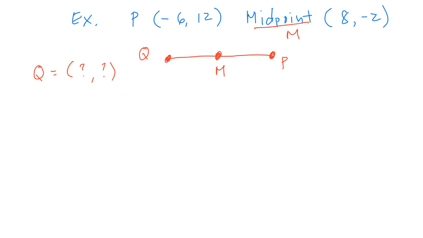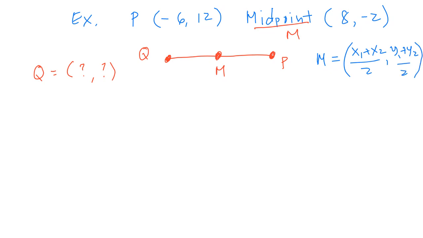Okay, so what you're going to think about this problem is just algebra. You're just thinking about the same formula. So remember the formula, it's M, the midpoint, equals x1 plus x2 divided by 2, and then we have y1 plus y2 divided by 2, and it's an ordered pair.